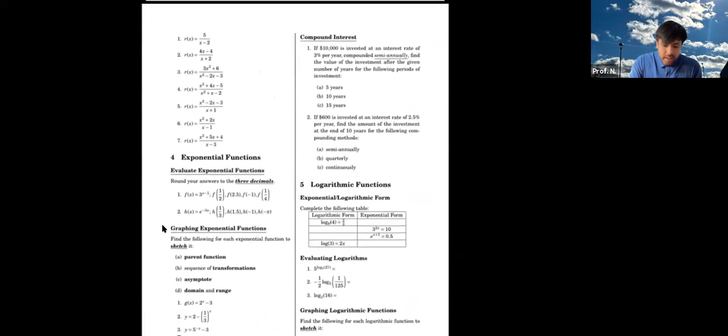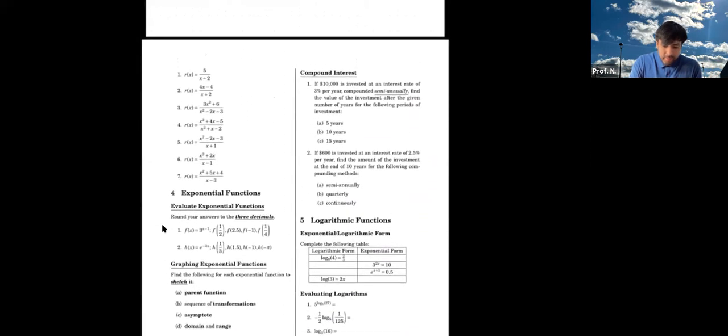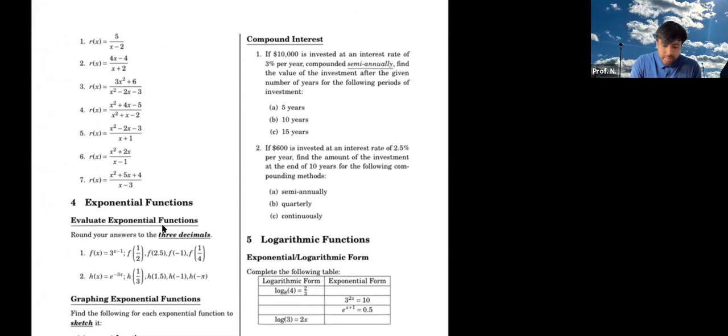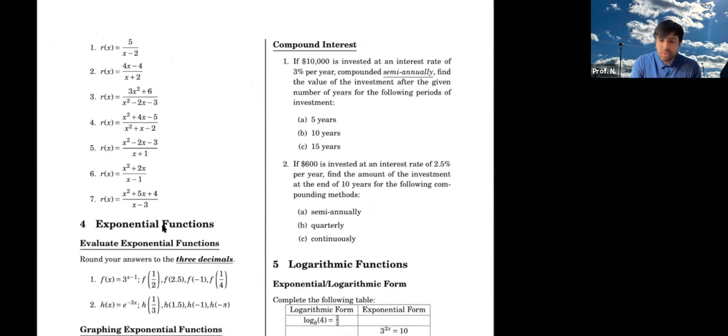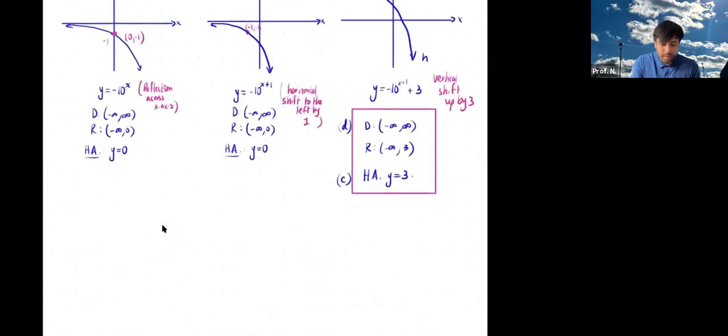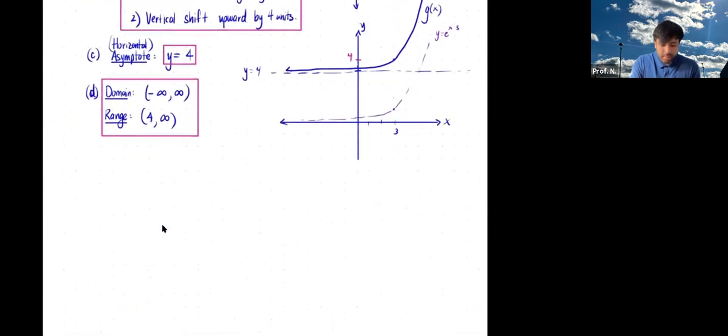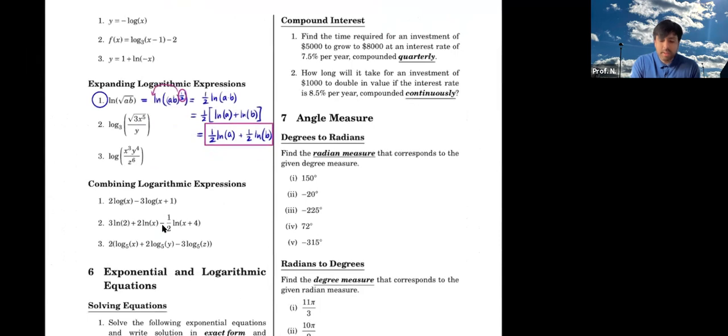Compound interest, yeah. So we got two here. There's compound interest of this kind, and there's also another compound interest problem, if I'm not mistaken, of these kinds. These are different.